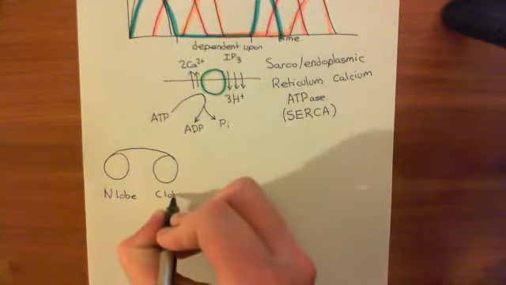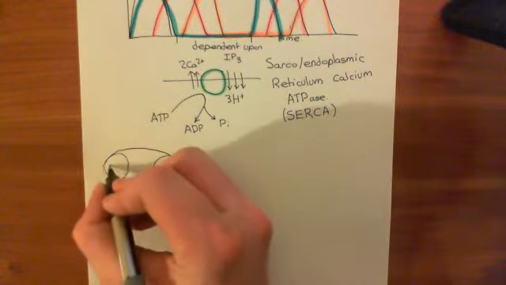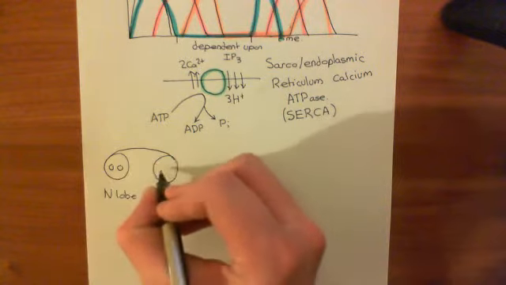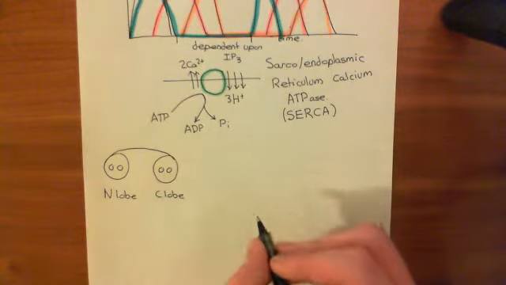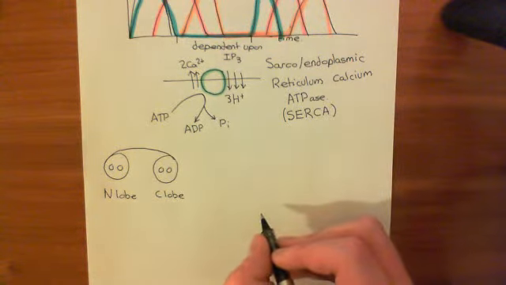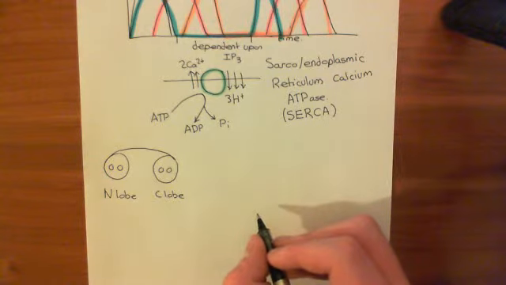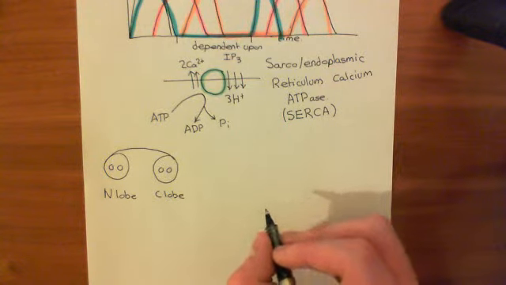Each of these two lobes has two calcium binding sites. These are the two calcium binding sites on the N lobe, and these are the two calcium binding sites on the C lobe. Now, these calcium binding sites are what are known as EF hand domains.